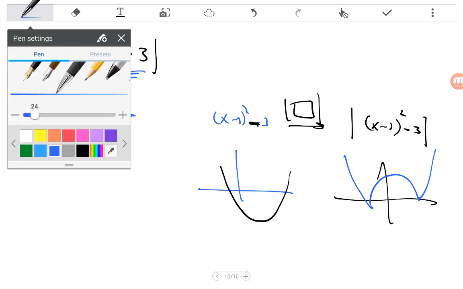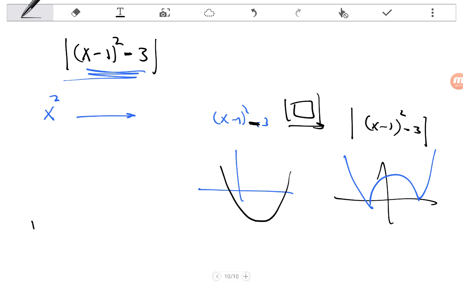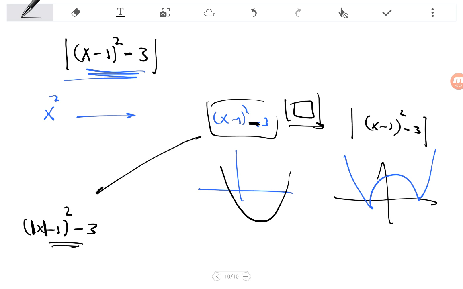If I needed to graph the absolute value of x minus 1 whole squared minus 3, now remember, this is x minus 1 whole squared minus 3. I want to graph this one. What is the operation from this to this? Let's concentrate.